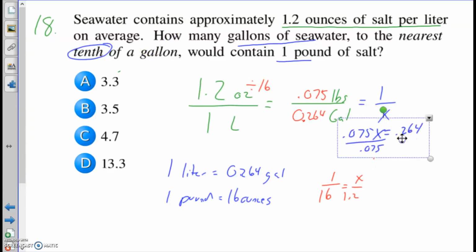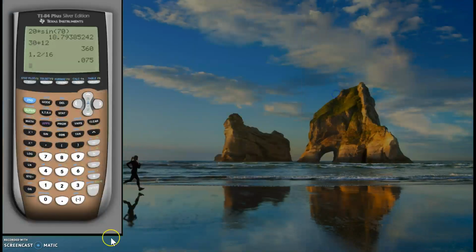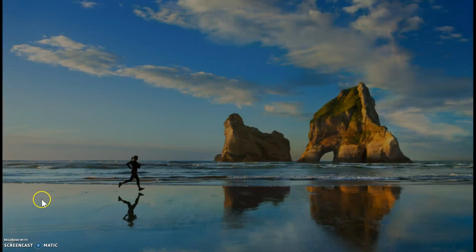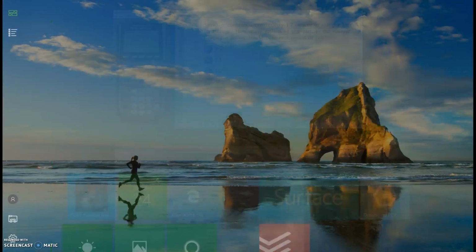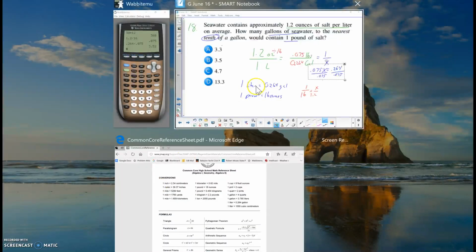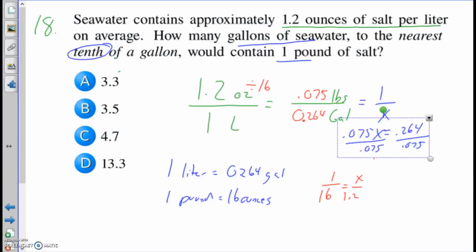Divide by the 0.075, so I'm dividing these things. 0.264 divided by 0.075 is 3.52, which of course will round to 3.5.